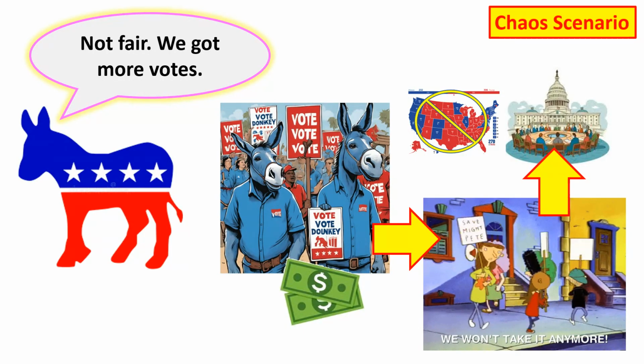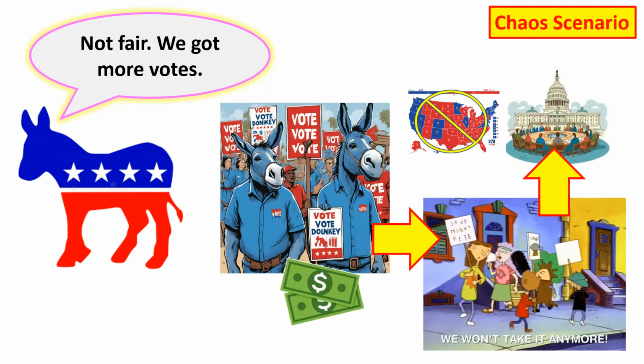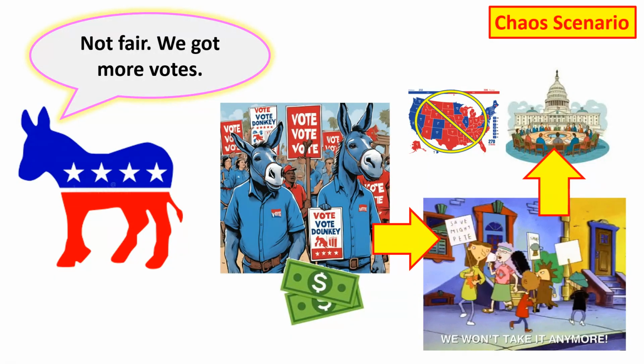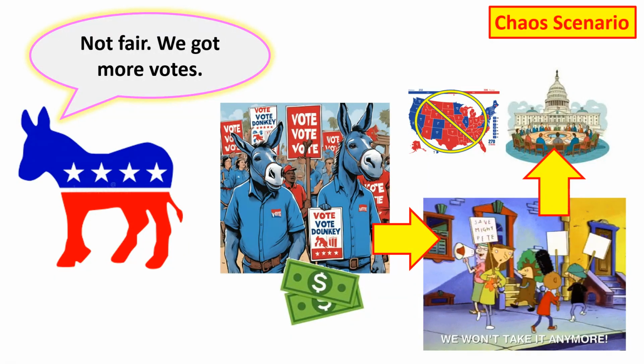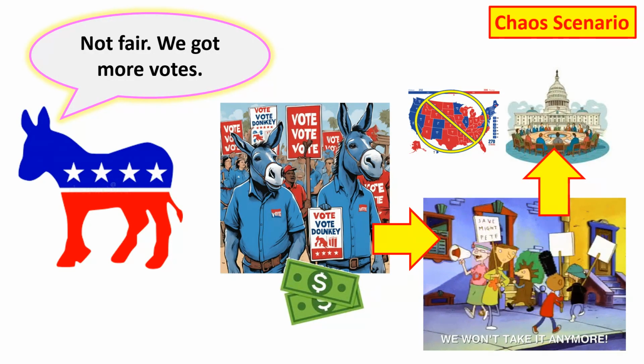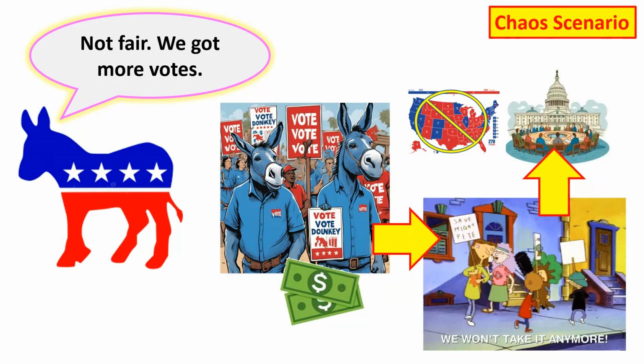That change thus would be removing the Electoral College and going towards a popular vote. That would be your chaos scenario. That is the playbook of fund the grassroots, get the unrest, pressure, cause destabilization, and then you can remove the Electoral College once and for all.